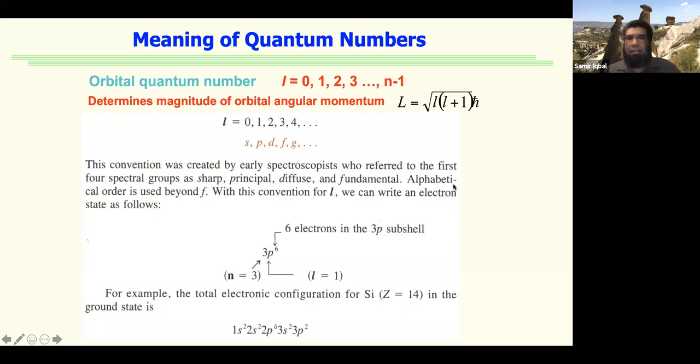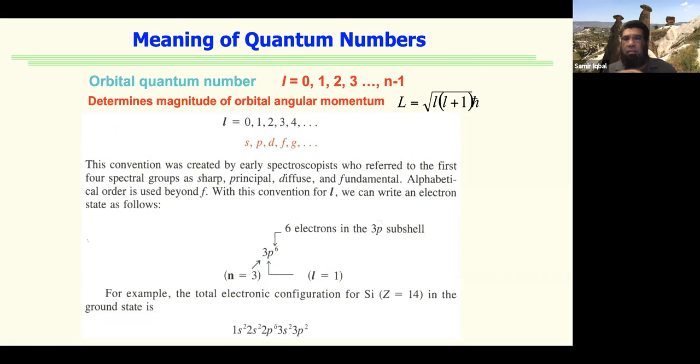So these are the spectral subgroups, and we are normally always confined to up to F. Now, when you write the electronic configuration for one band, we write it like this: 3p6.